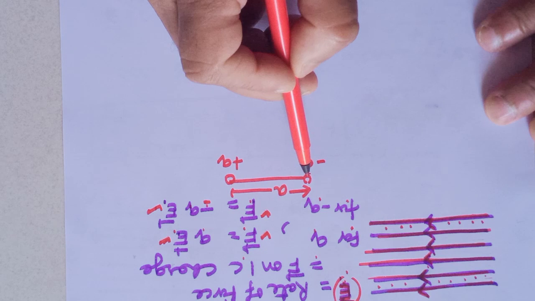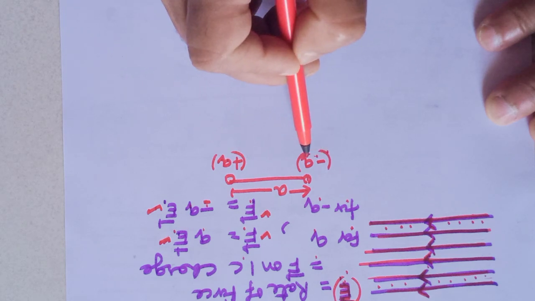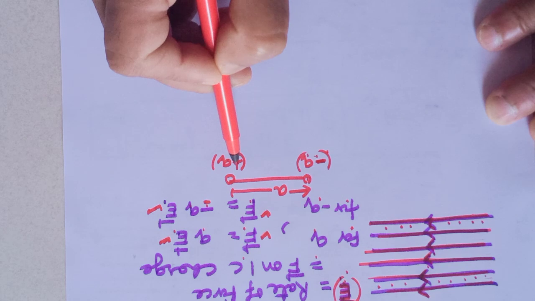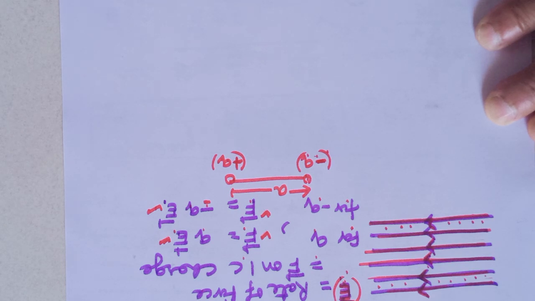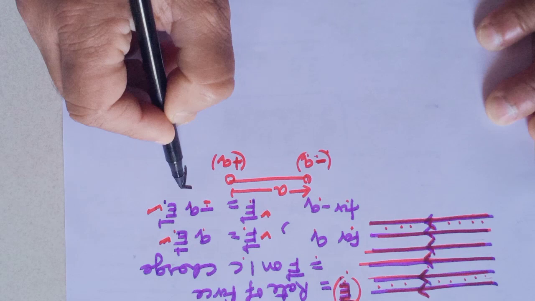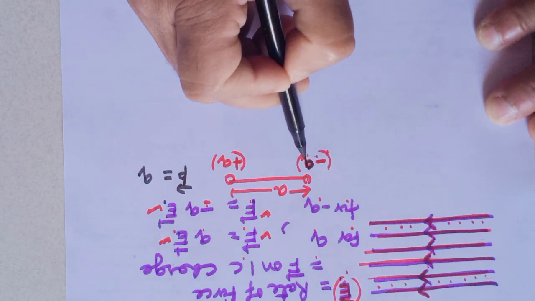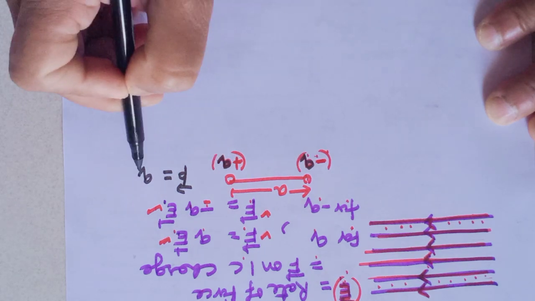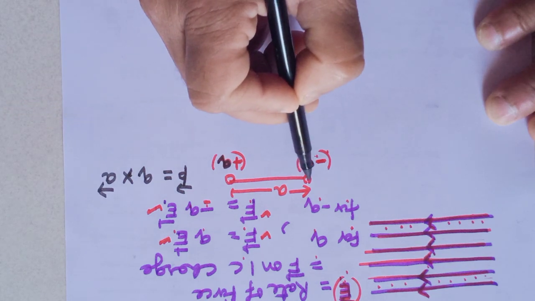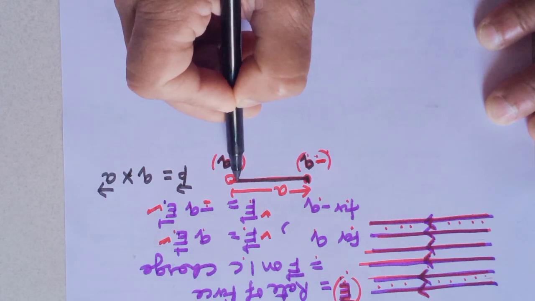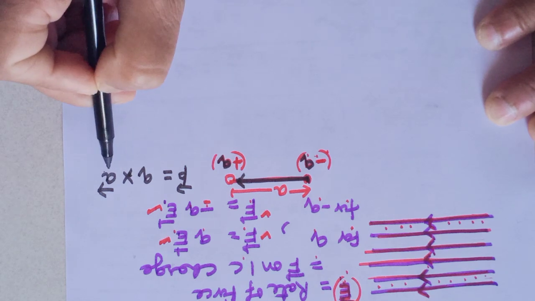An electric dipole is a system of two equal and opposite charges, equal in magnitude Q and opposite in nature, plus and minus, separated by a distance A. We identify electric dipoles by their dipole moment, and dipole moment P is given by the magnitude of either of these two charges Q multiplied by the separation, and the direction of the A vector is taken along the direction of P.